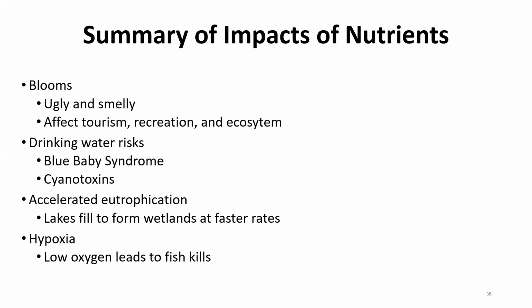Accelerated eutrophication is not good, because it can kill a bunch of fish, because it can lead to things like hypoxia. And interestingly, in addition to killing wildlife in lakes, for example, it can also form wetlands at much faster rates, which can be a good or a bad thing depending on what's happening.